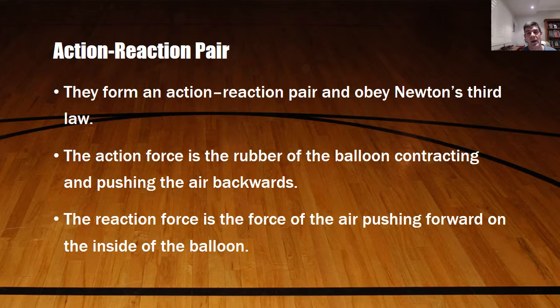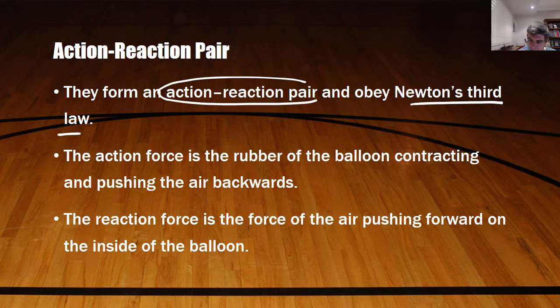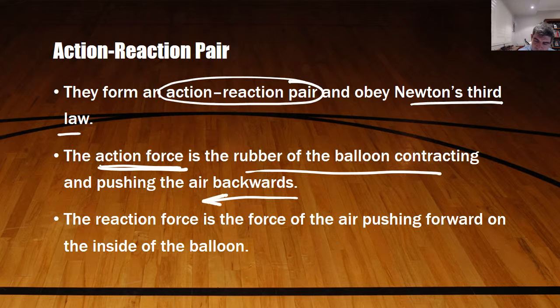When we are invoking Newton's third law, what we're looking for are action and reaction pairs, two forces which are going to be equal and opposite. In this case, the action force is the rubber of the balloon contracting and pushing the air backwards, so a force of air moving backwards.